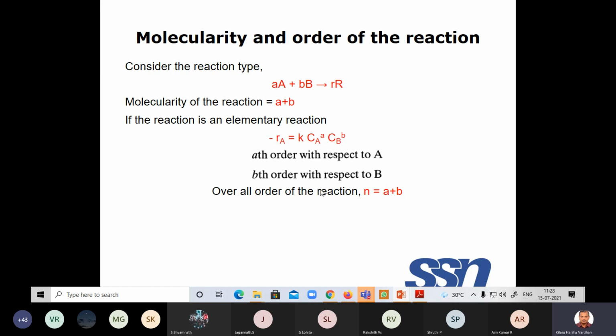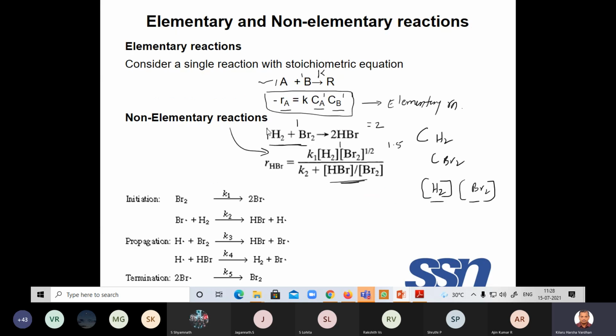For non-elementary reactions like this, this is 1 and this is 1, therefore molecularity is 2 here, but the order you cannot tell, because there is 1.5 in the numerator and denominator. This may be around 1.5, 1.6 like that. So earlier I told you order can be a fraction.